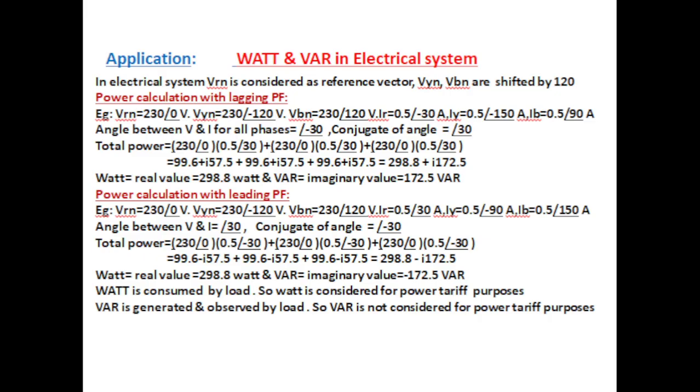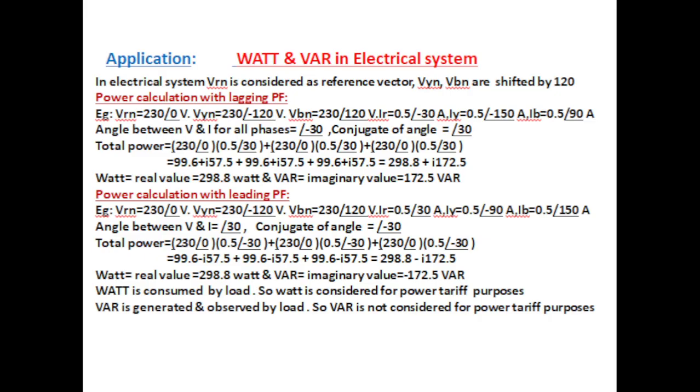Power calculation with leading power factor. Example: VRN equals 230∠0, VYN equals 230∠-120 volt, VBN equals 230∠120 volt, IR is equal to 0.5∠30 ampere, IY is equal to 0.5∠-90 ampere, IB equals 0.5∠150 ampere. The angle between V and I equals 30, the conjugate angle is equal to -30.